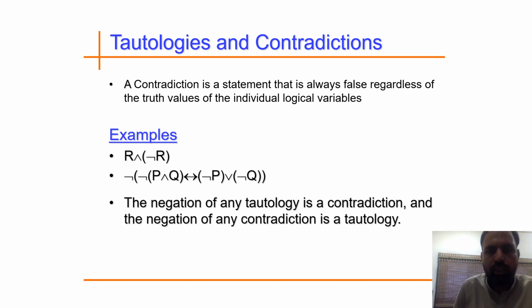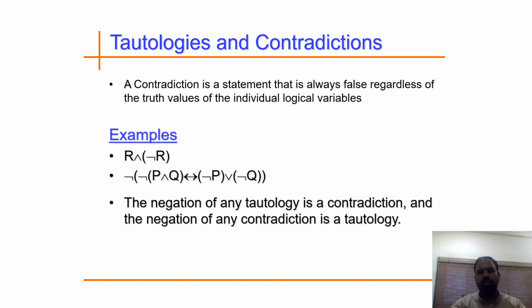If you negate any tautology, it becomes a contradiction, and the negation of any contradiction becomes true, so it is a tautology. In a tautology, all values are true, regardless of the truth values of the variables.